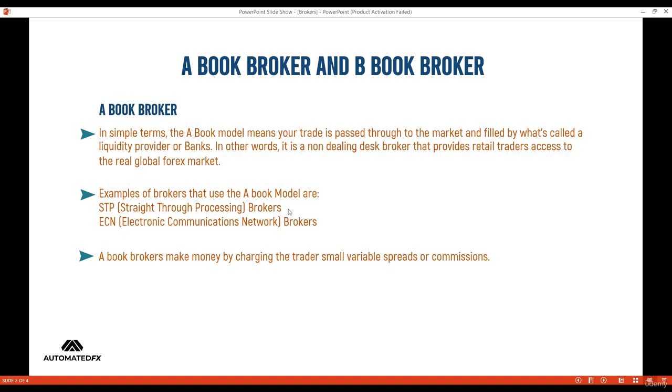I recommend brokers that charge you commissions. It's way cheaper to work with brokers that charge you commissions per trade and give you zero spreads than working with brokers that charge you spreads.